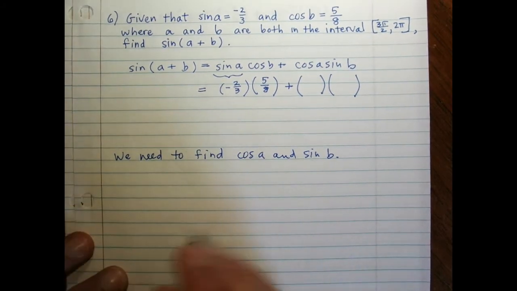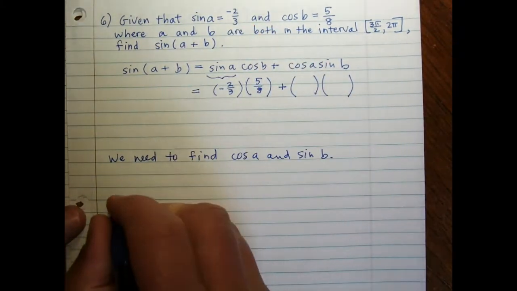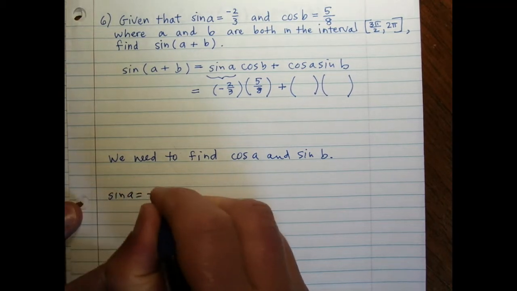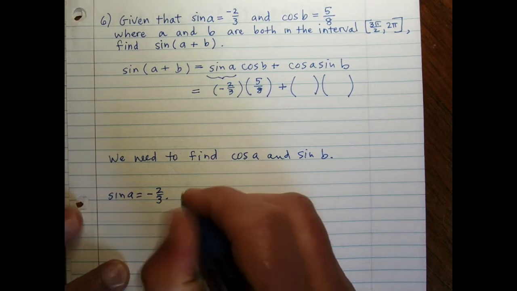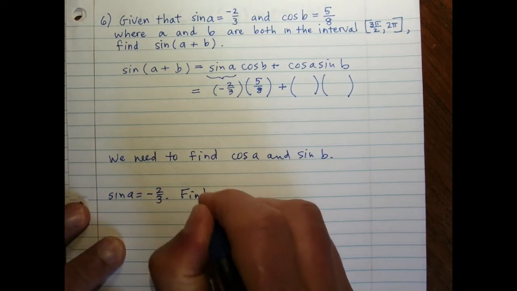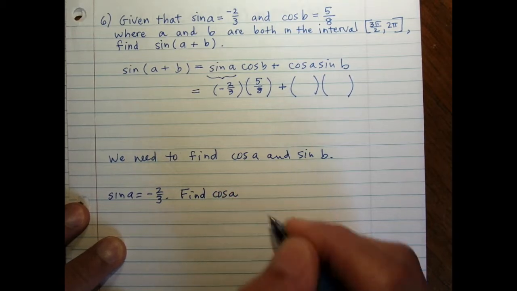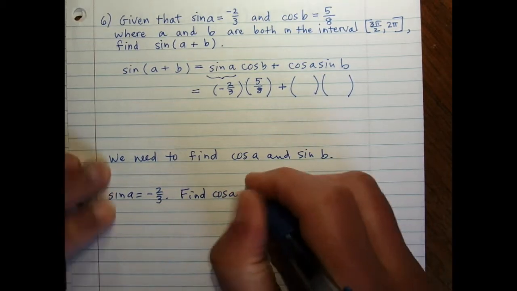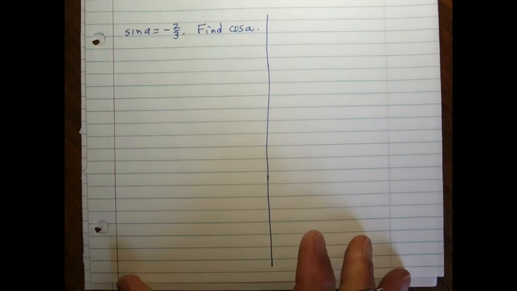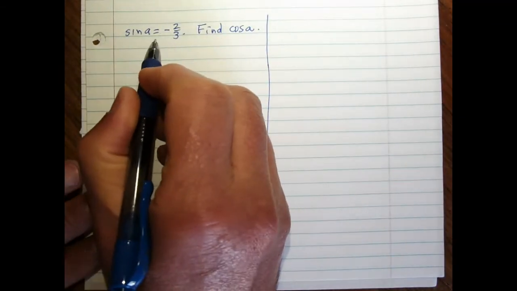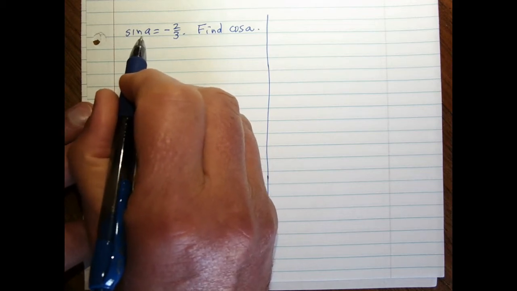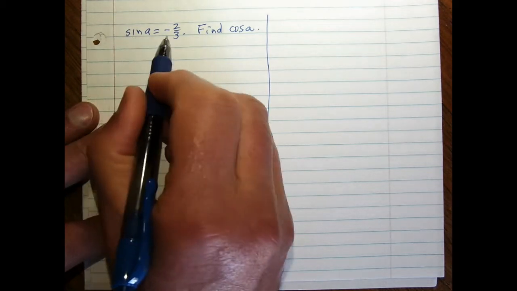Now, we know that sine A is negative 2/3, and we need to find cosine A. And I'm just going to write this down on one side. And now this is the kind of situation we've seen before where we know the sine of an angle.